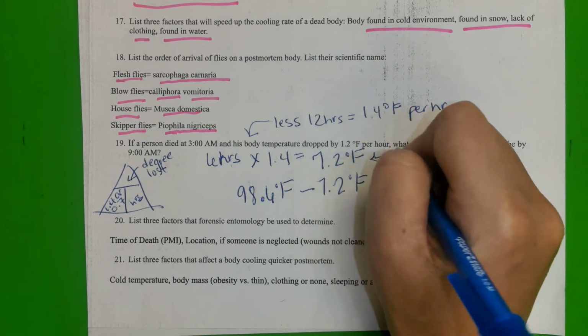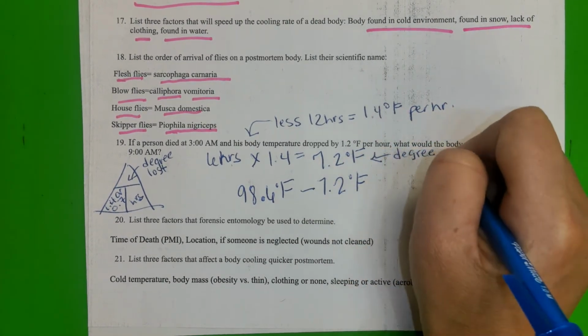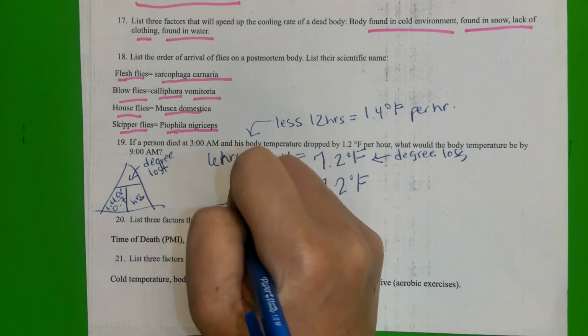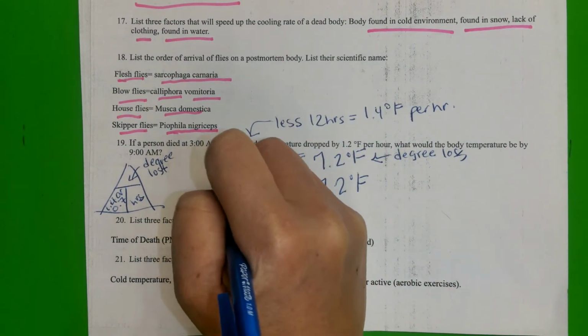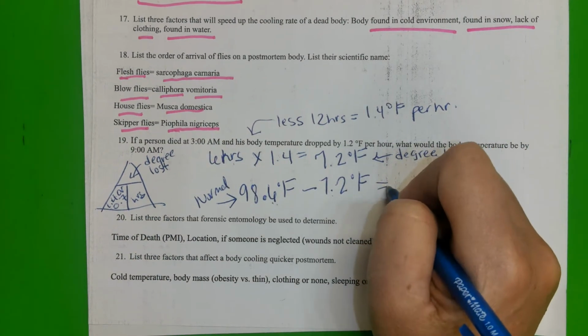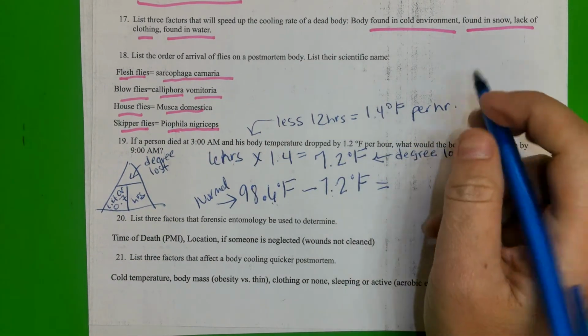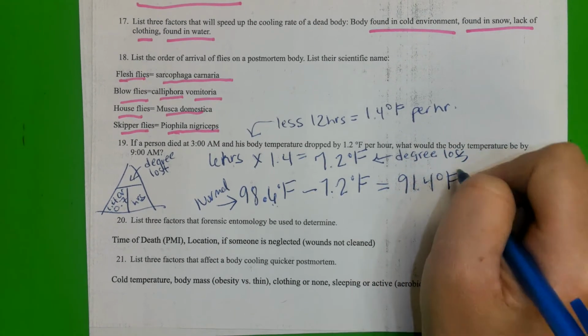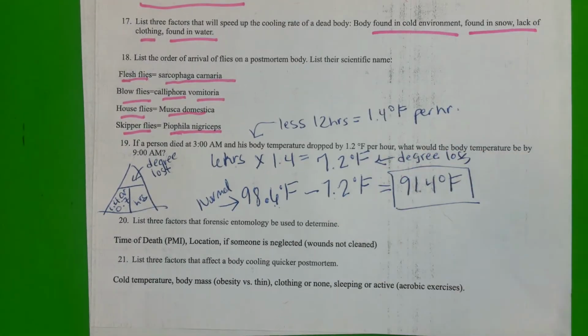Again, this is your degrees lost. So now you have to subtract it from the normal body temperature. So that will be 91.4 degrees Fahrenheit. So that will be the body temperature.